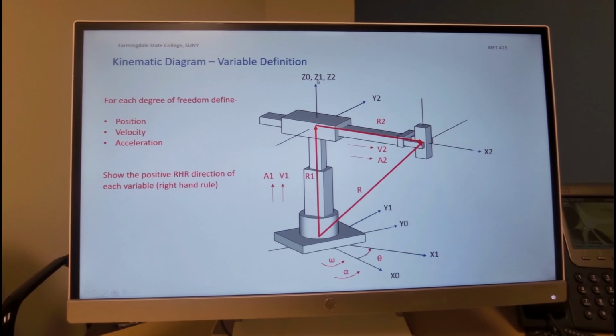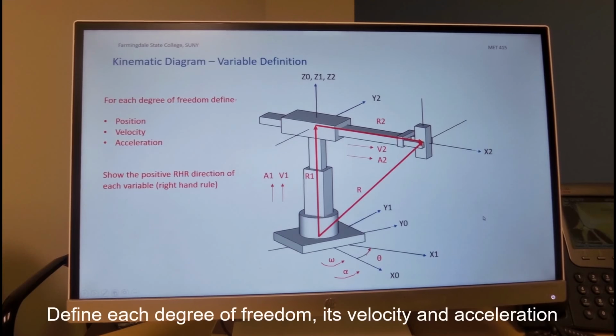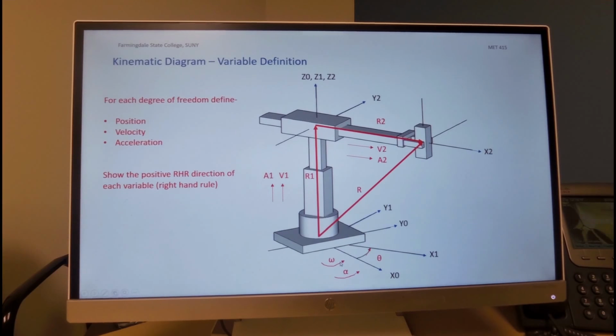To assign variables, we like to assign position, velocity, acceleration to all the degrees of freedom so we can use them in the analysis. Over here, the revolute joint has a position theta, angular velocity omega, angular acceleration alpha. We have the position in coordinate system 1 of the second joint, which we define as r1.